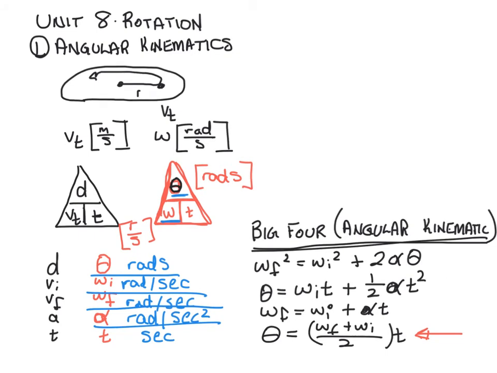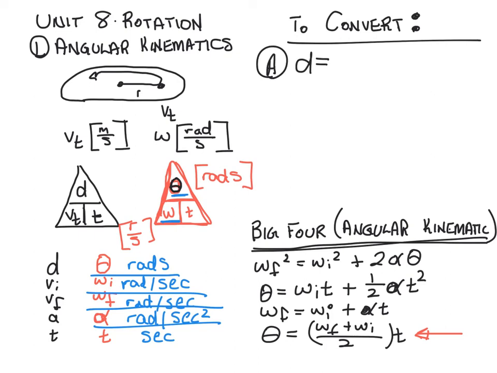Now let's talk about converting between linear and angular kinematic values. There are 3 predominant points of contact where we can convert between linear and angular values. First one, the linear distance covered is equal to the angular displacement times the radius of the circle formed, r.